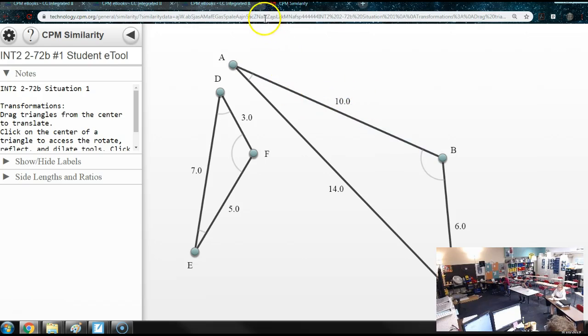But be careful. What we're looking at here is side similarity. So your brain is stuck on side congruence, right? Saying that they're equal. This is side similarity. The sides aren't equal, they are scaled, right?